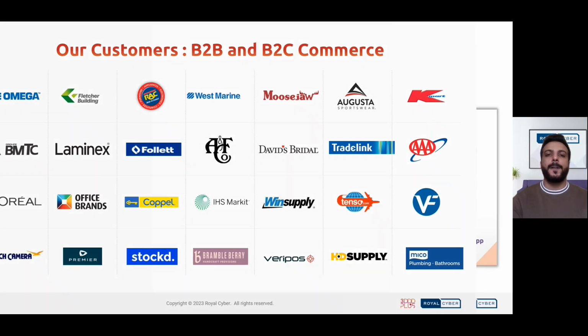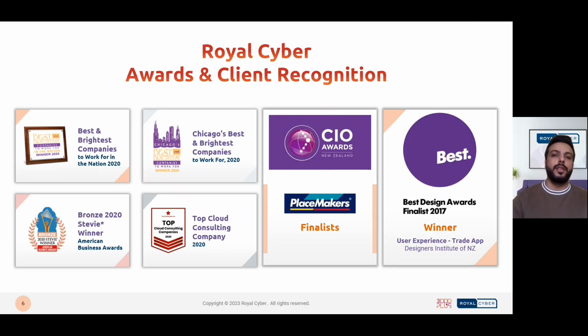A little bit about Royal Cyber and the awards and the client recognition that we have received so far. We've been one of the very few companies that has received multiple awards on best and brightest companies to work for. So we try to create that engagement and a culture for our employees, which satisfies them in the right way.